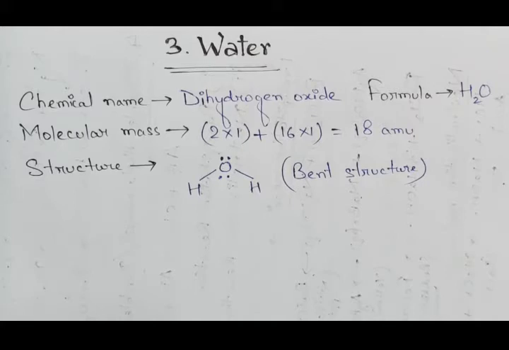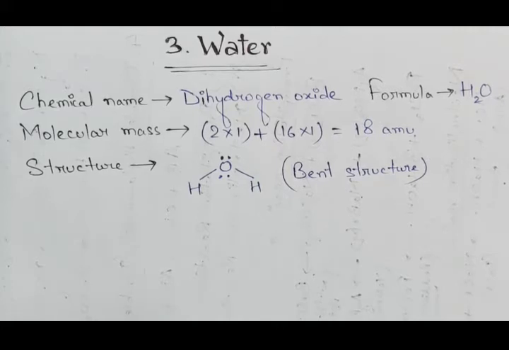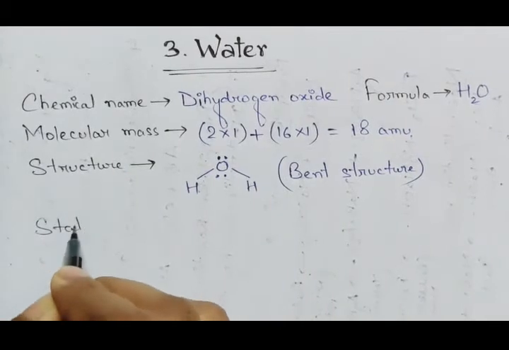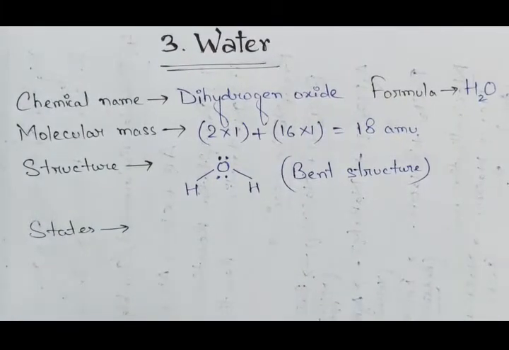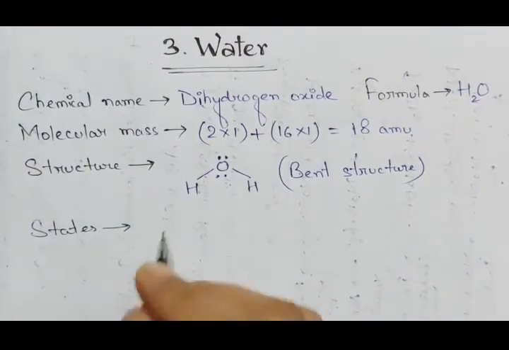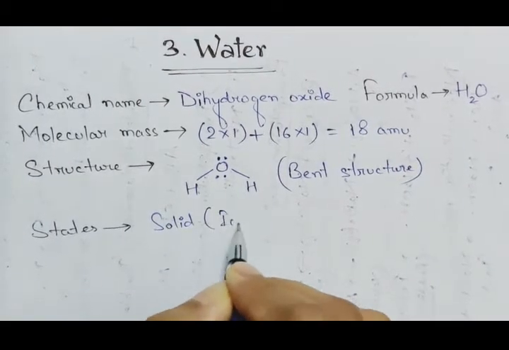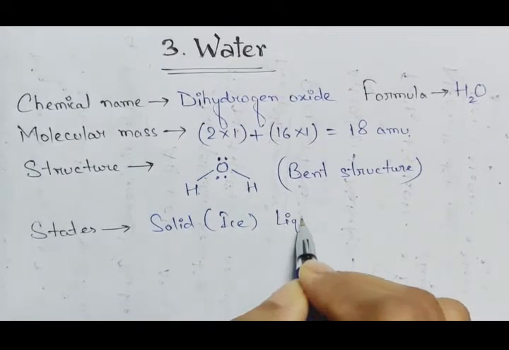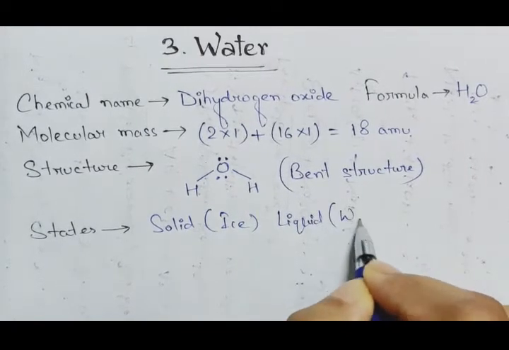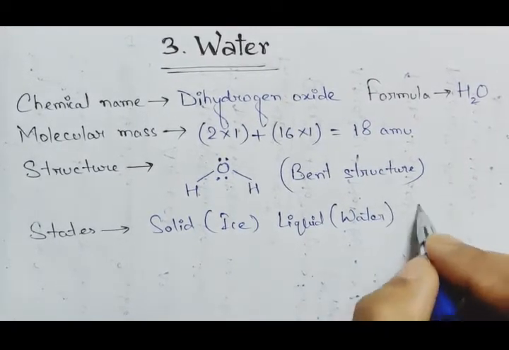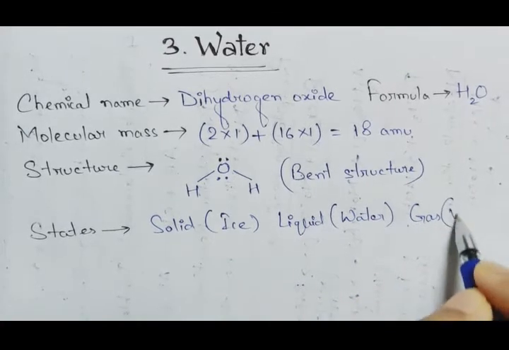Now if we speak about the physical properties, then we can say that water exists in the three physical states, that is solid, liquid and gas. So states are the forms in which the water molecule exists: solid, that means ice, liquid, that means water, and gas, that is the water vapor.